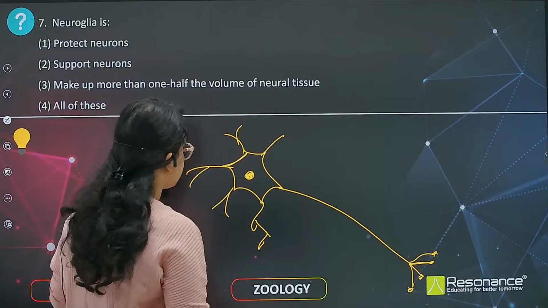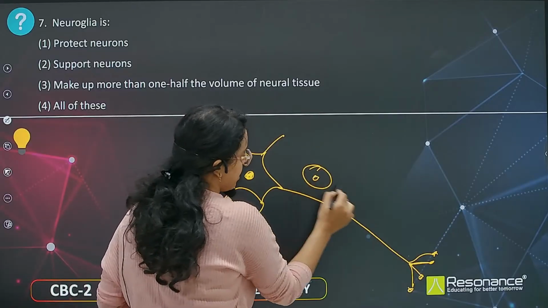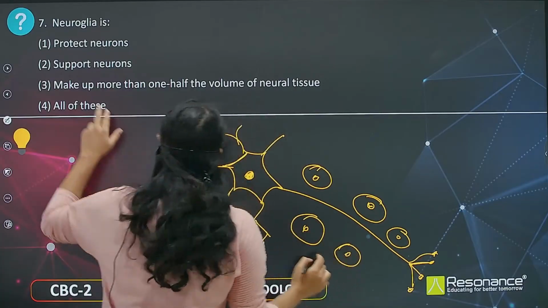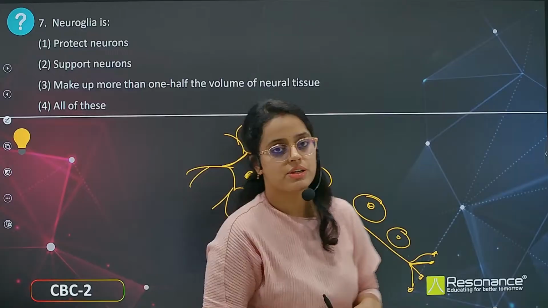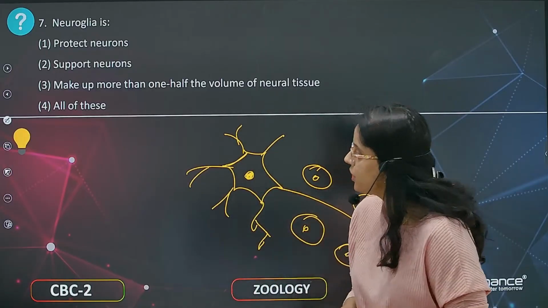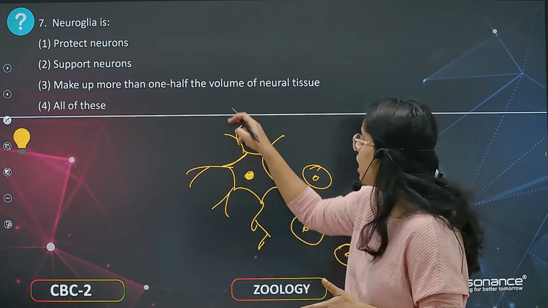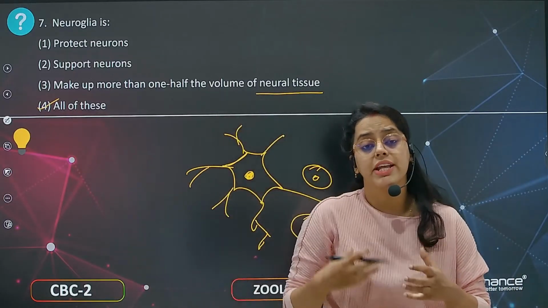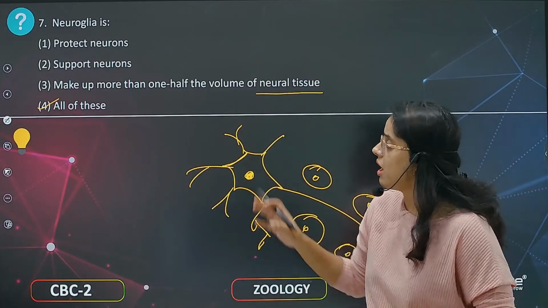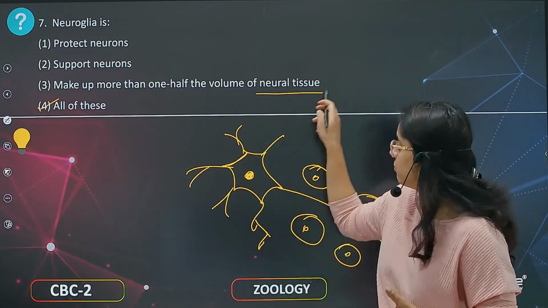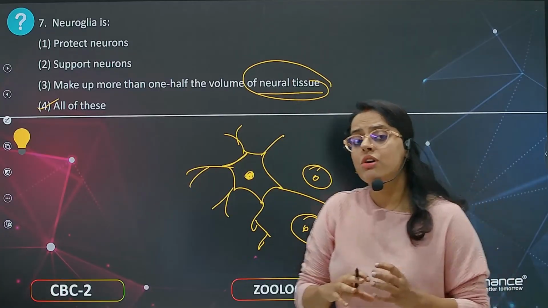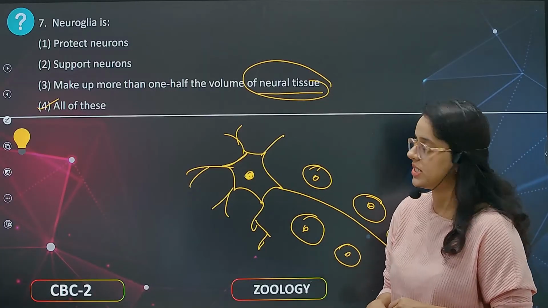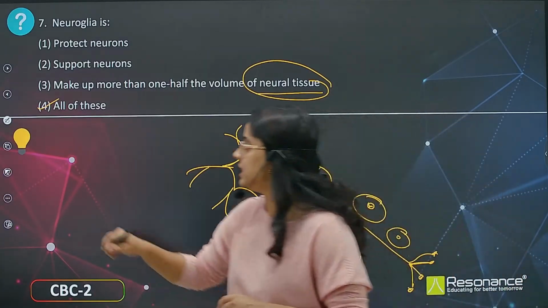These cells are supported, or nutrition is provided to them, by neuroglial cells. They protect neurons, support neurons, and make up more than half the volume of the neural tissue. So we have neurons and supporting tissues, the neuroglial cells, are also present. So the option will be all of these.